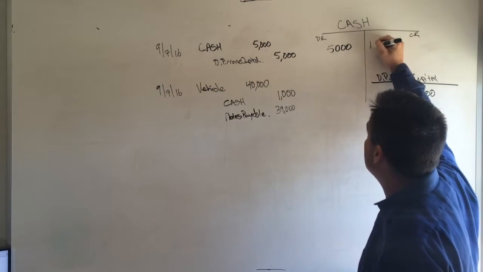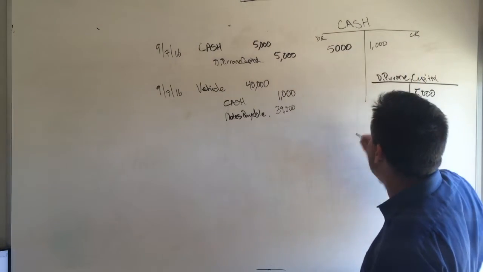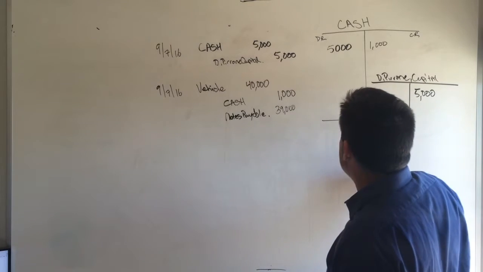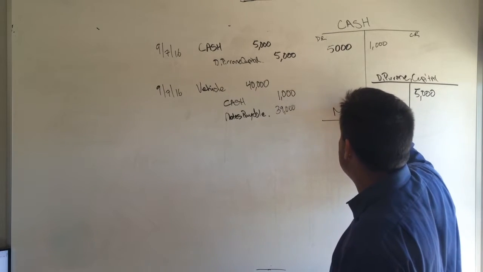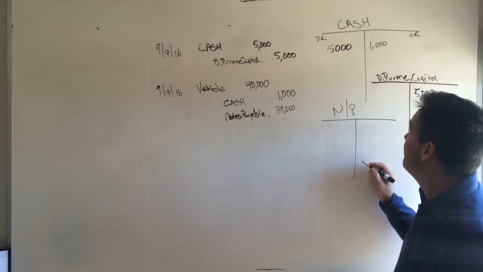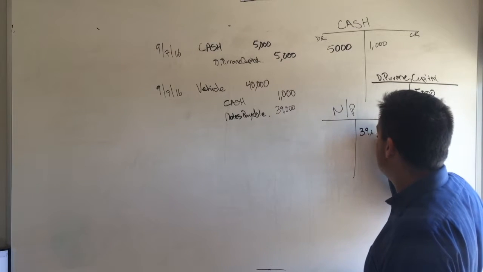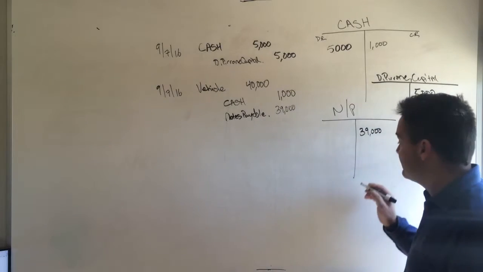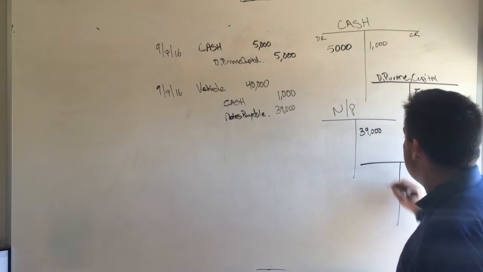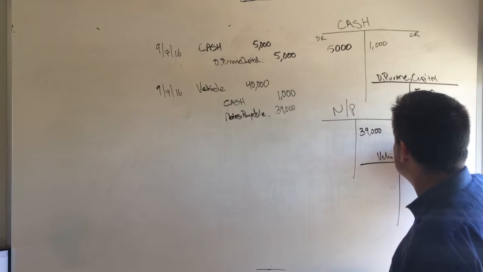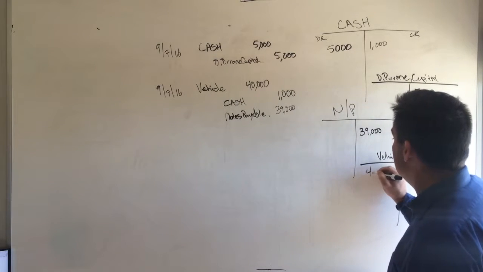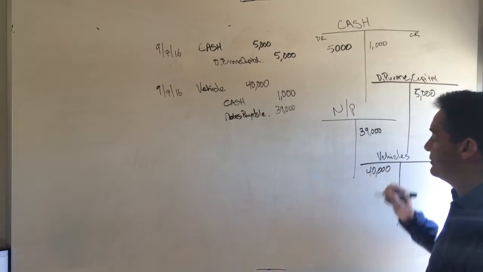From the T account point of view, we're going to have $1,000 worth of credits on the cash account, and then the notes payable, or NP for short, account is going to be credited for $39,000. There's your $40,000 worth of credits, and then the vehicles account is going to be debited for $40,000.